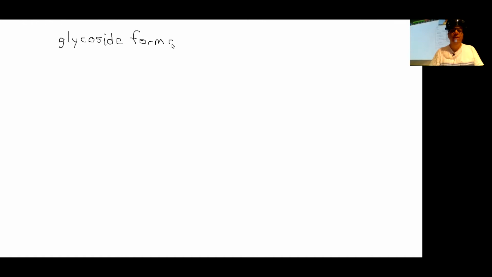And in making what's known as a glycoside, we're not going to react all of the OHs on the sugar molecule. We're only going to go after the one on carbon 1, the so-called glycosidic carbon. So let's make another 6-carbon sugar.